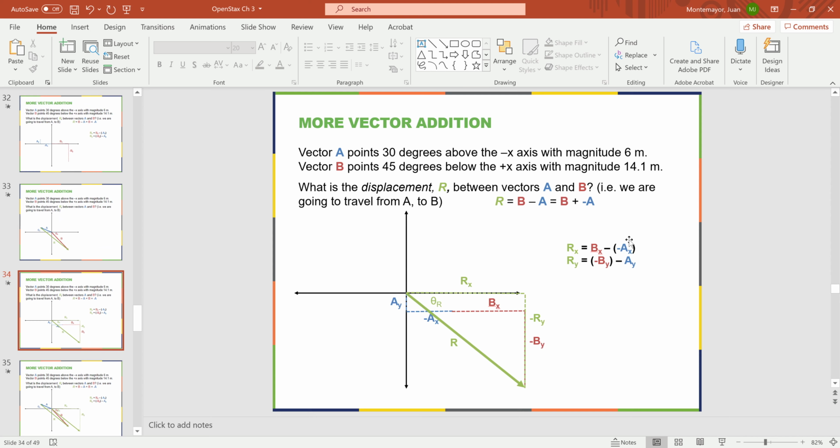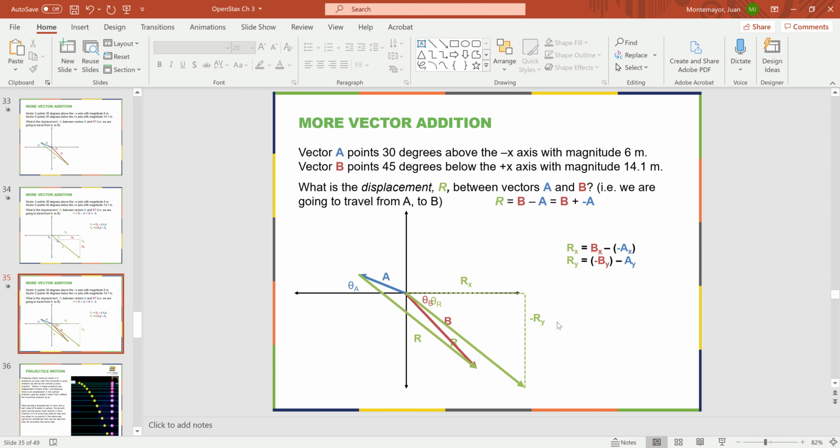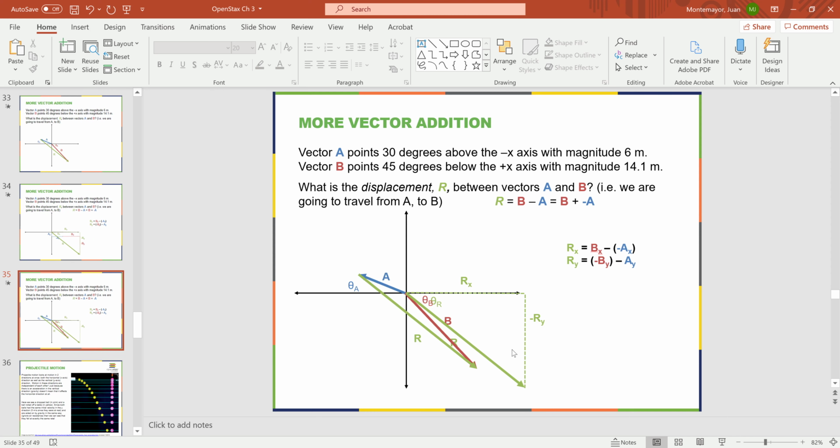So basically, if we wanted to, we could rearrange everything here and get them all in the same quadrant system. So we have our ax, ay, bx, by, and that'll give us our rx here and our ry here. But it's basically the same thing.